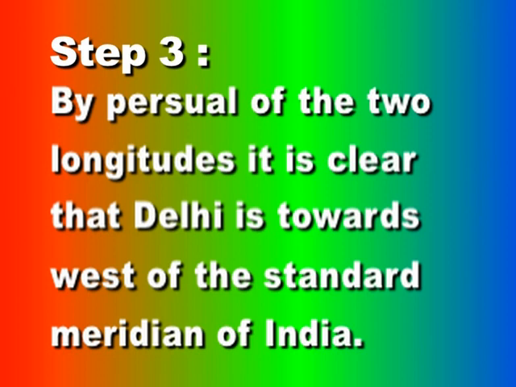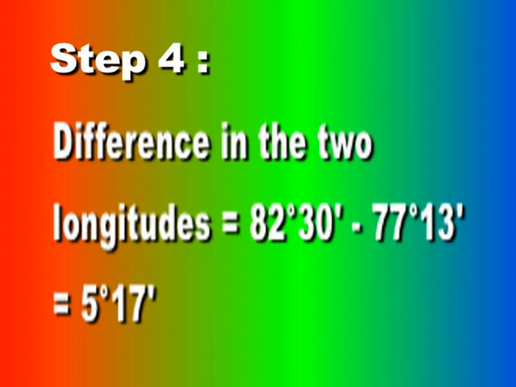On perusal of the two longitudes, it is clear Delhi is towards the west of the standard meridian of India. Now you have to take the difference of longitudes, 82 degrees 30 minutes minus 77 degrees 30 minutes. It comes to 5 degrees 17 minutes.